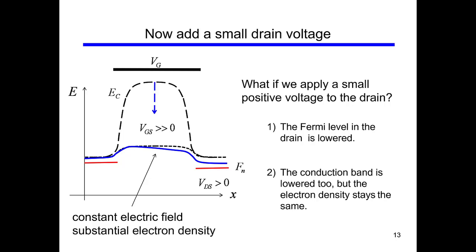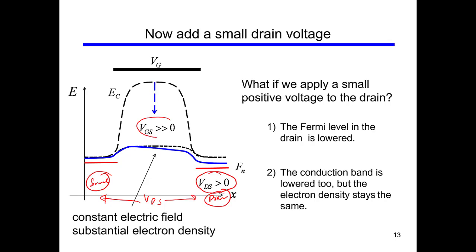Now what happens if we add a small VDS, a small voltage to the drain that is higher than 0? Now in this case, there is a potential difference that is developed across VDS. So D is at a higher potential than the source.